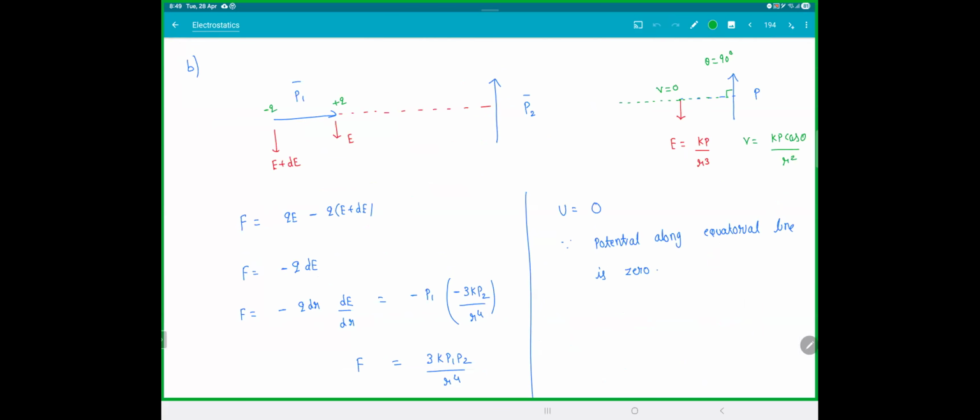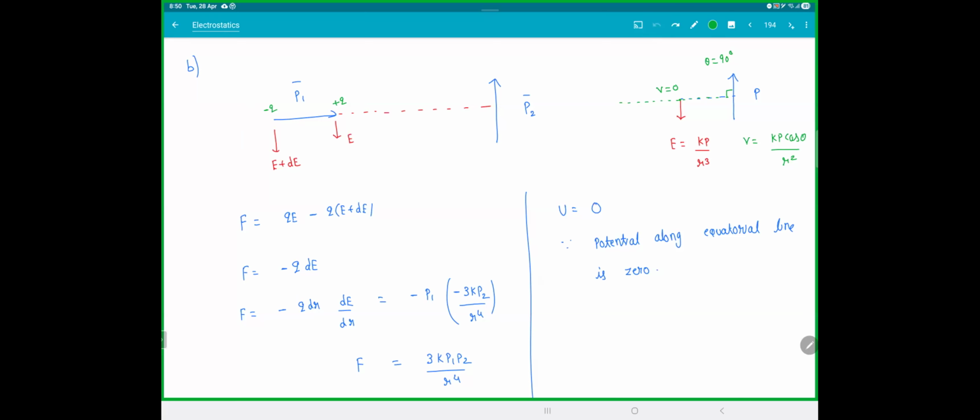Sir, for the perpendicular part, how do I know? The field is this way, I got. Either it will go up or it will come down, right? I'm quite confused because we have two dipoles. Where are the two dipoles? I am finding the force on one dipole due to the other dipole. All right, so that's how you find force between two dipoles.